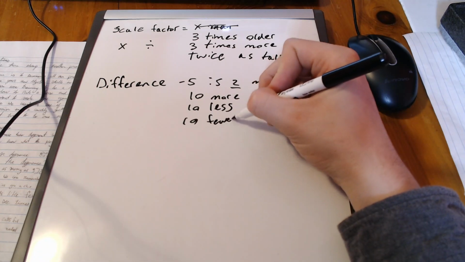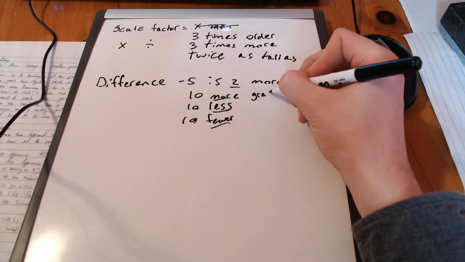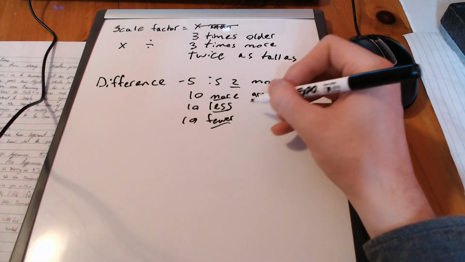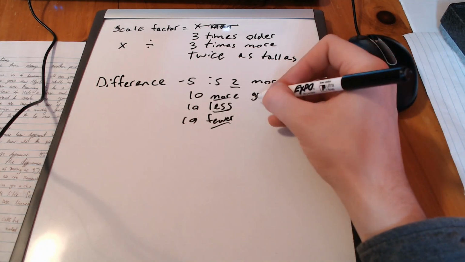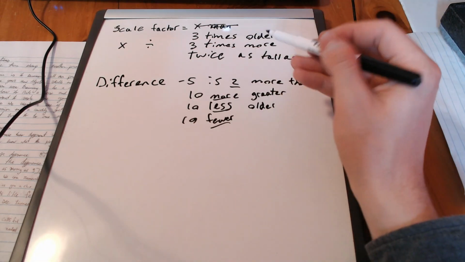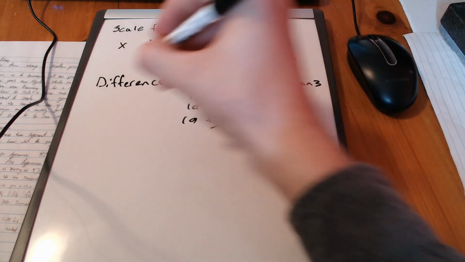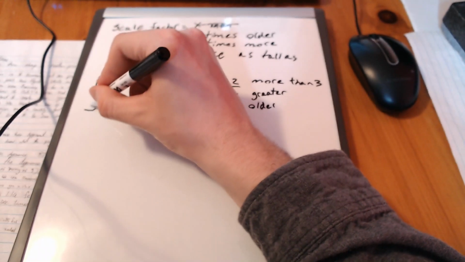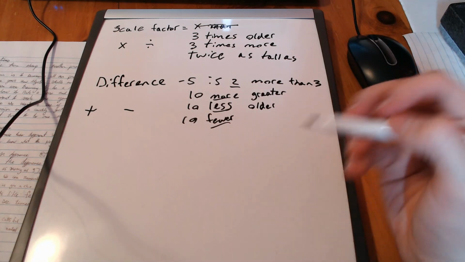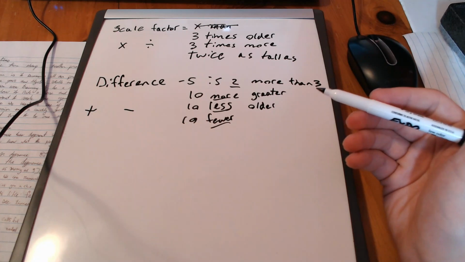It'll be words like fewer, more, less, greater, bigger. You could even say 10 years older. That would also be a difference instead of a scale factor. When you're dealing with questions like this, you're going to be dealing with addition and subtraction. That's really important to recognize, that you're going to be doing different functions.